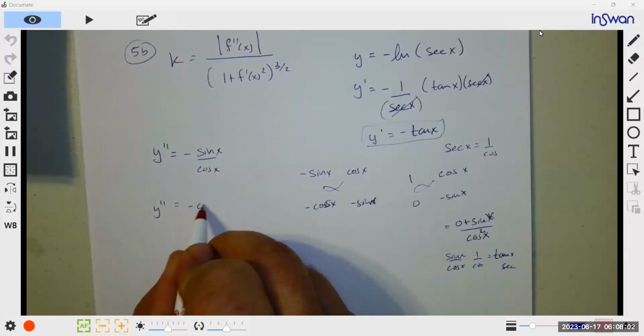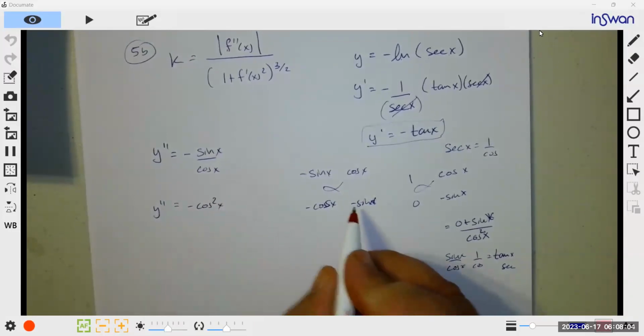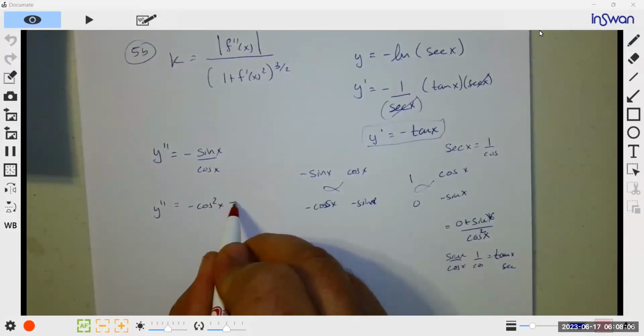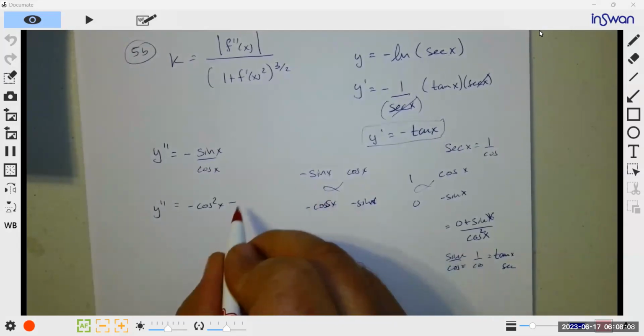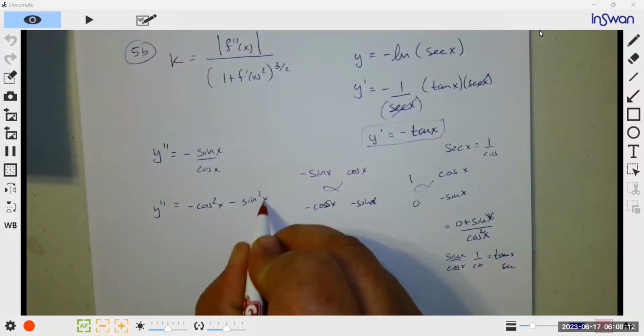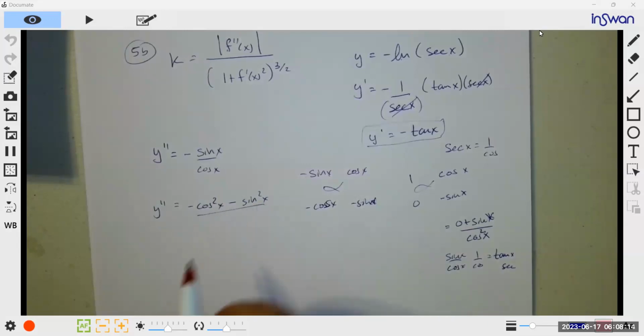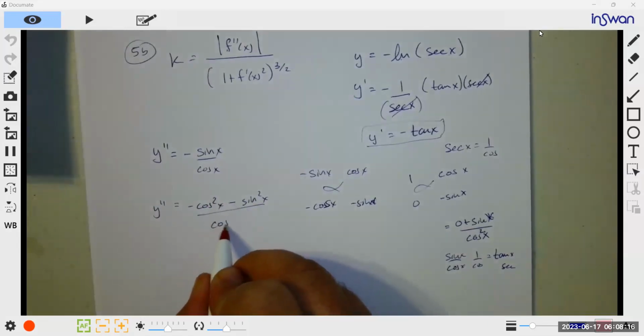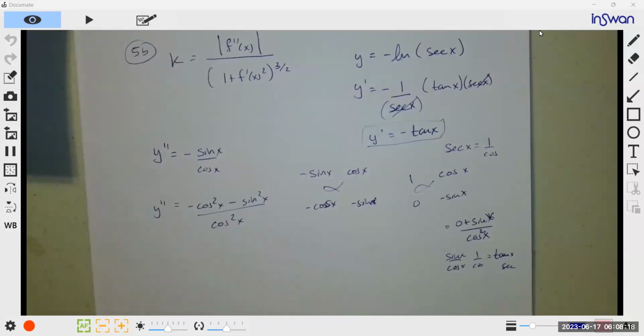So it's negative cosine squared x minus negative times negative is positive, so it's negative sine squared x, all over cosine squared x.